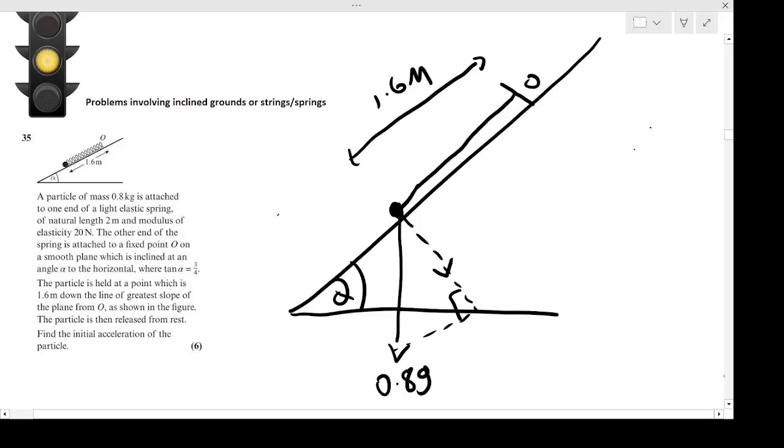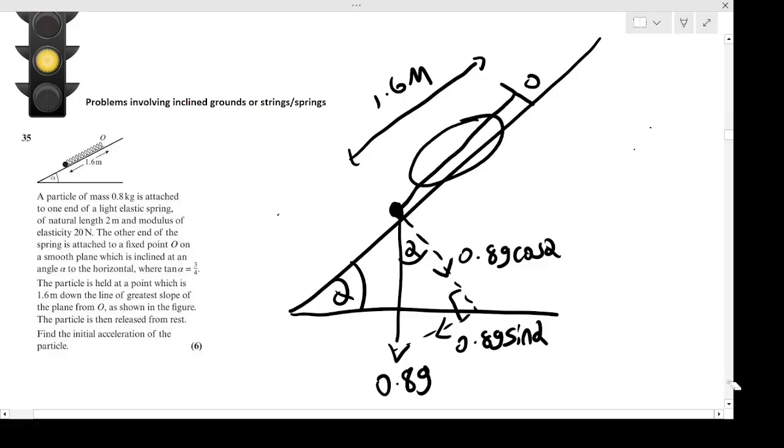So if this is alpha, that's going to be 0.8g cos alpha, and then here 0.8g sine alpha. And then of course we're going to need to consider the reaction force that way, and then we need to consider the force in this spring.